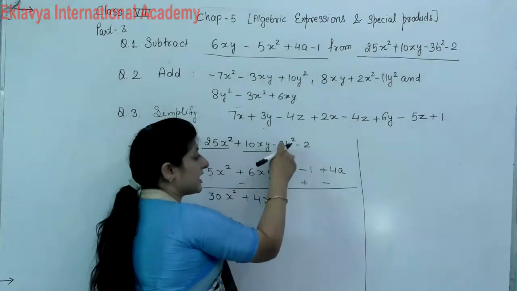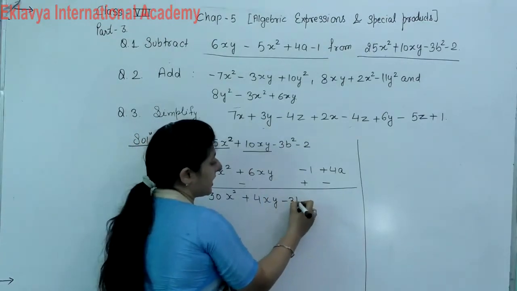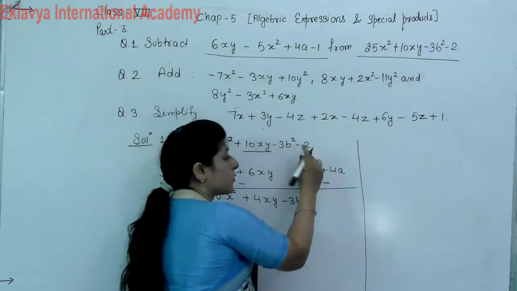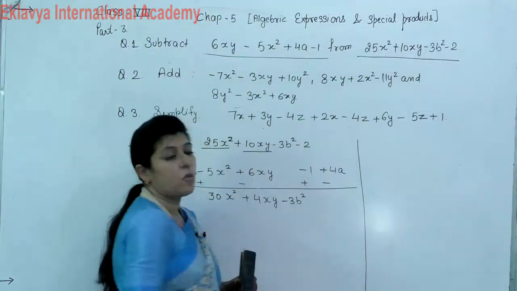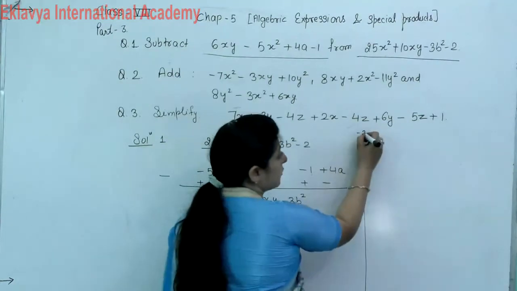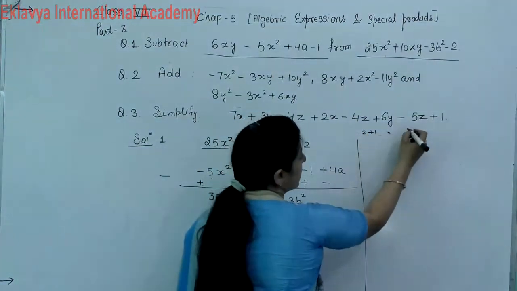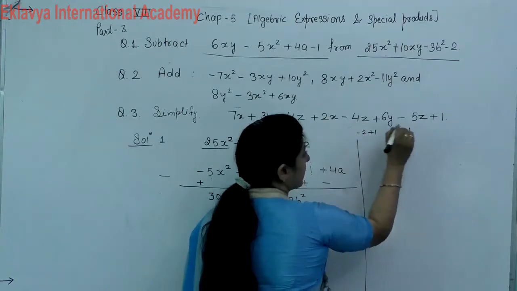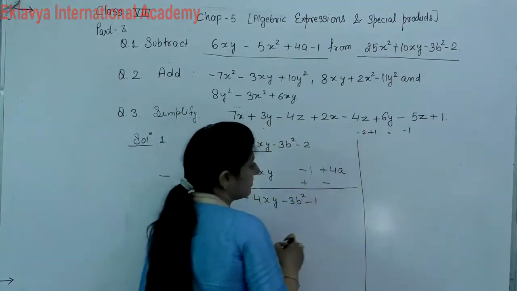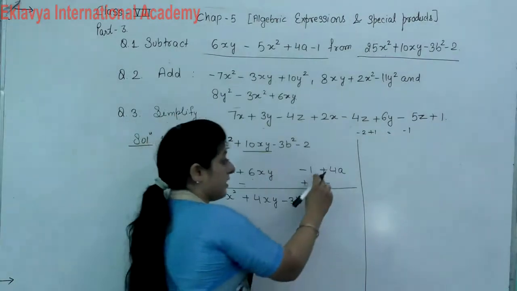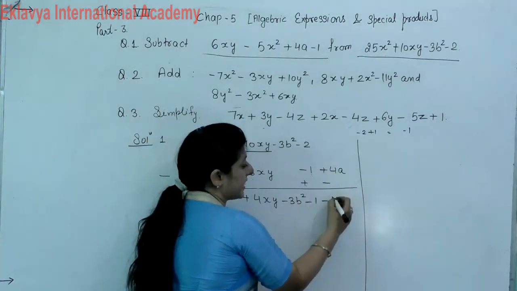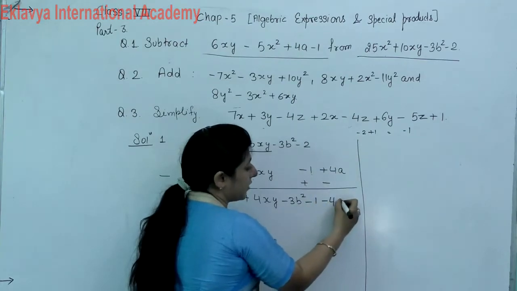There is nothing, so the same thing we write down here, minus 3b square. This is minus 2 and this one is plus 1. Then minus 2 plus 1, that is minus 2 plus 1 equals 1, with the greater number's negative sign, so our answer is negative, minus 1. Nothing is there for the next term, so we write it down directly.